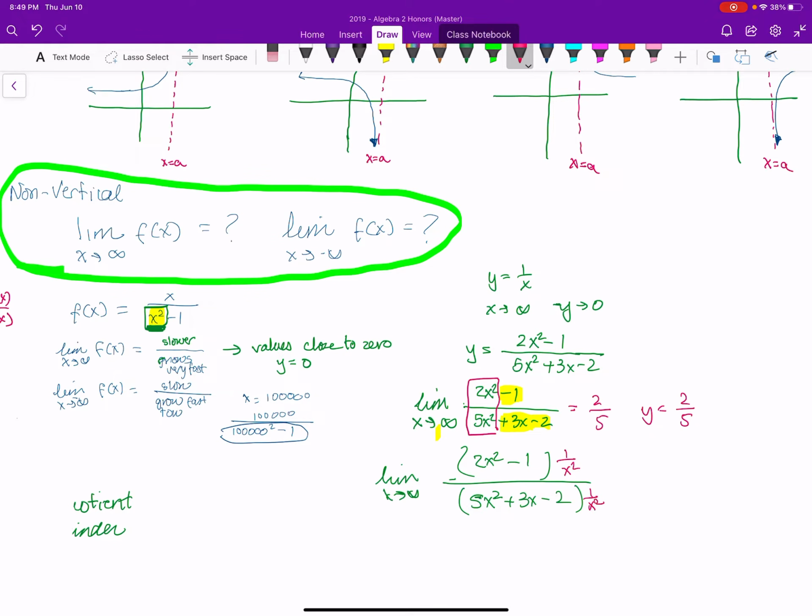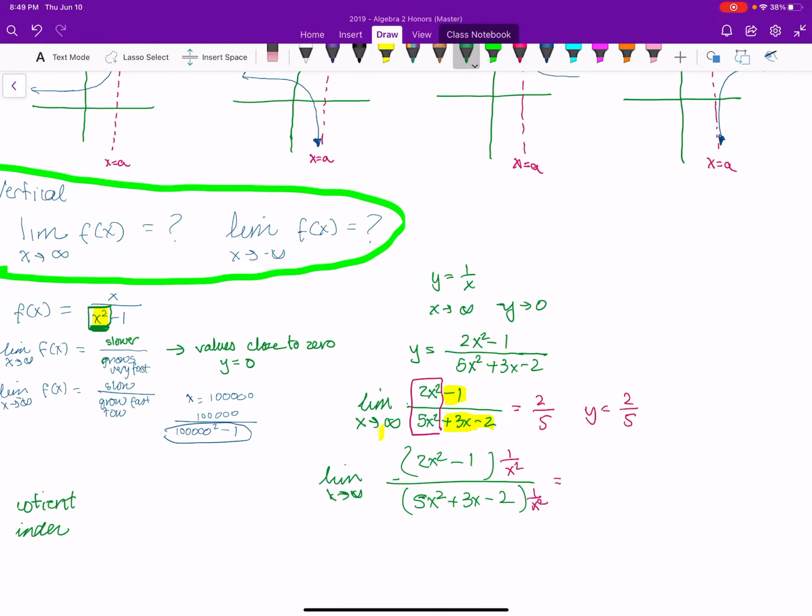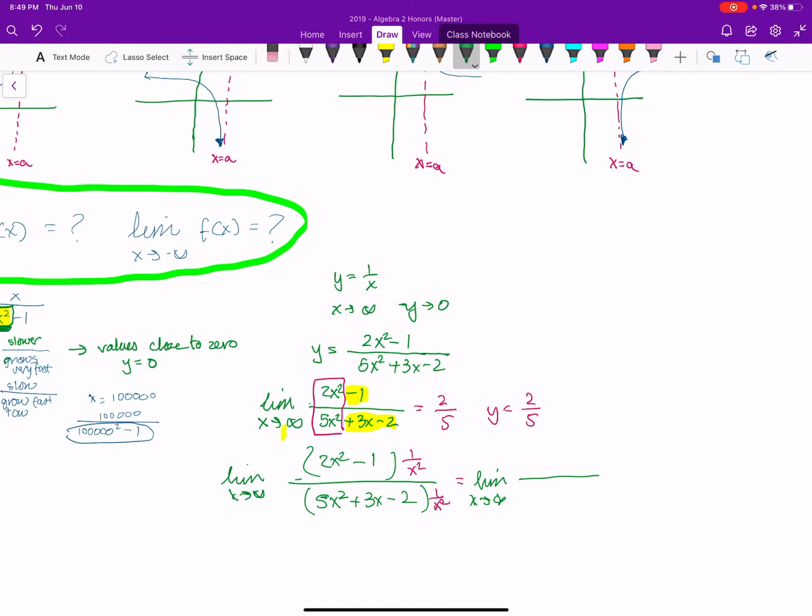So essentially, I'm multiplying every term in the numerator and the denominator by 1 over the highest degree term. So that's going to give me the limit as x approaches infinity of, the first term is going to be 2 minus 1 over x squared, and the next one is 5 plus 3 over x minus 2 over x squared.